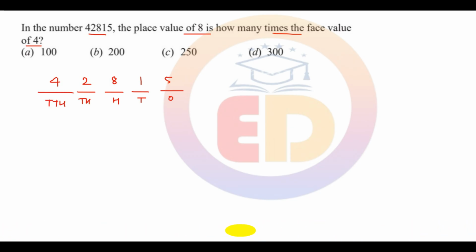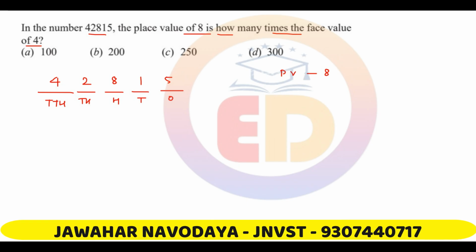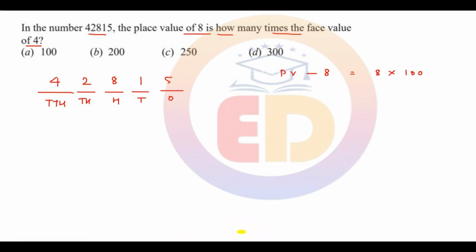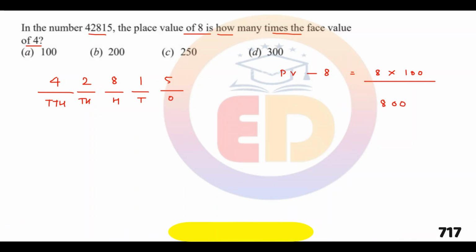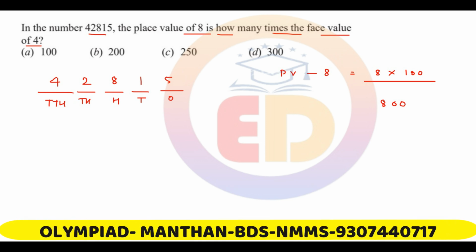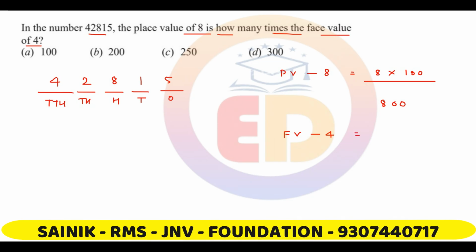Now pay attention to the question. Place value of 8 is 8 into 100, which is 800. And the face value of 4. Face value of any number is the number itself, so it is 4.